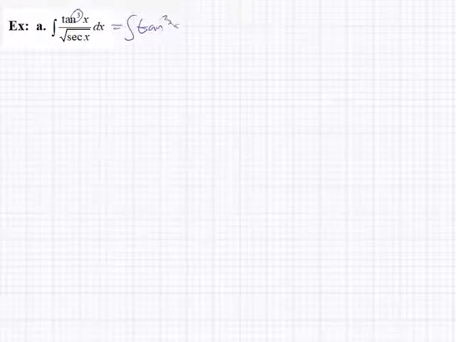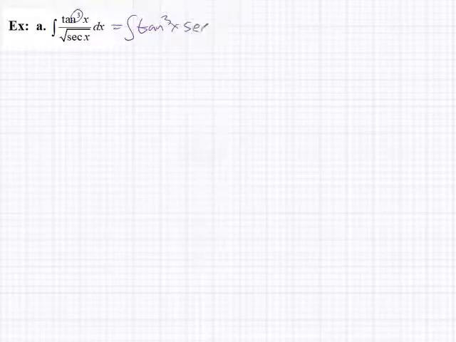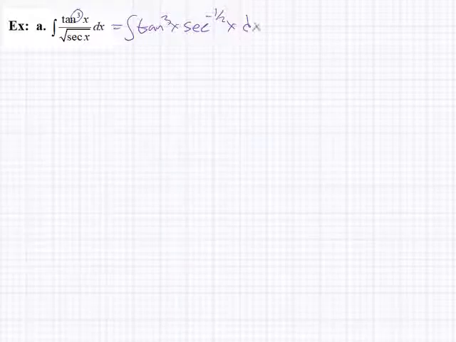So you look at this, the first thing you should see is tan is to an odd positive power. Secant to the 1/2 is something you ignore right away. So what we need is a secant tangent saved for my du. I'm going to have to rewrite this as tan cubed x times secant to the minus 1/2 x dx.